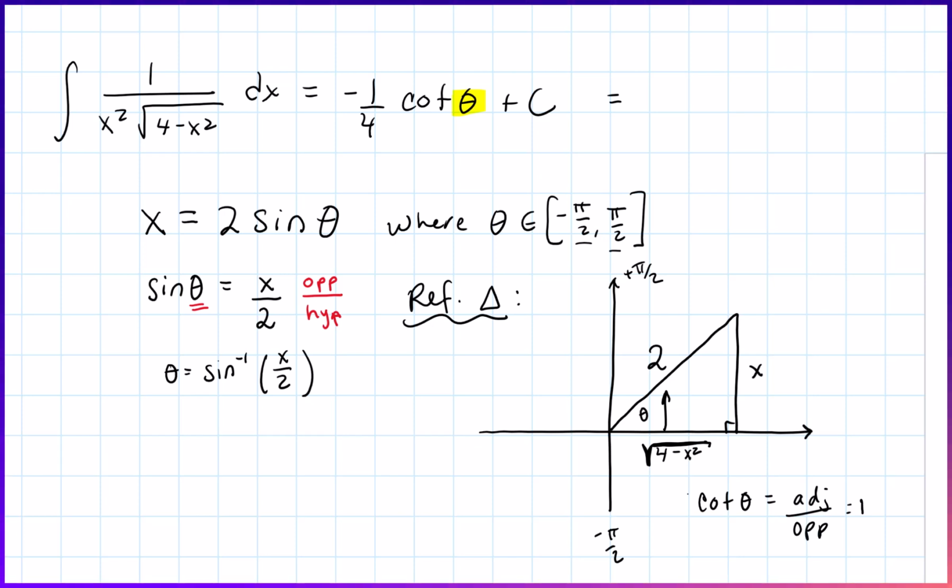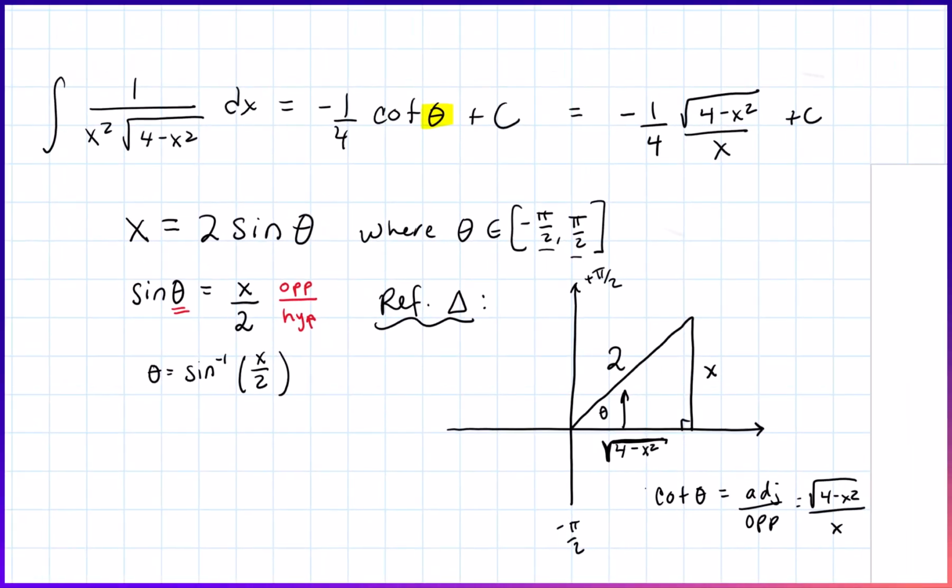So the adjacent side is the square root of 4 minus x squared, and the opposite side is x. So I can use that to rewrite my answer, which is now in theta. I can use my reference triangle to write my answer as negative 1/4 times the cotangent, which is the square root of 4 minus x squared over x, plus c. And that is my answer.